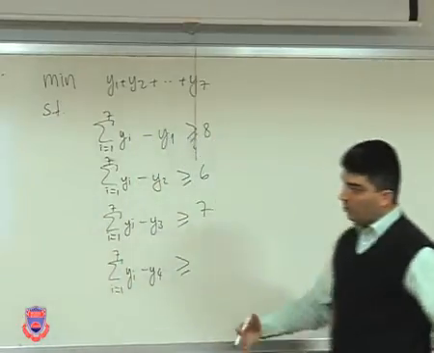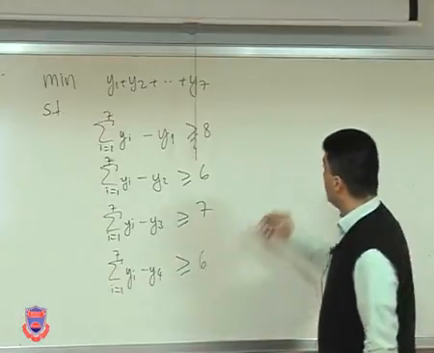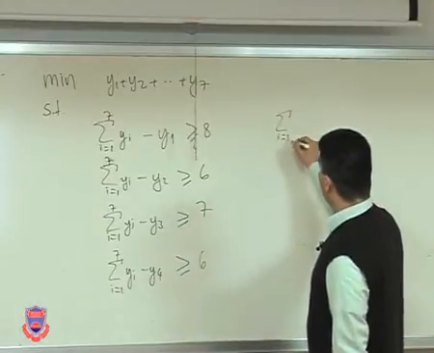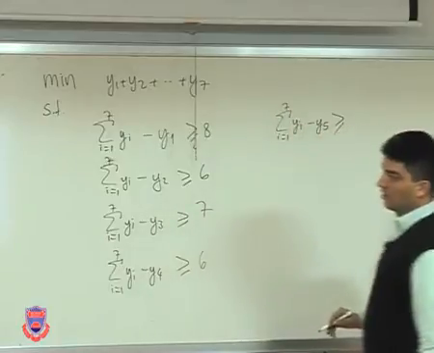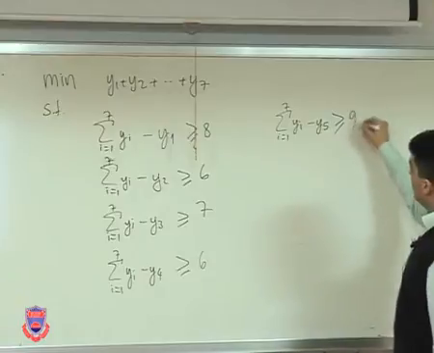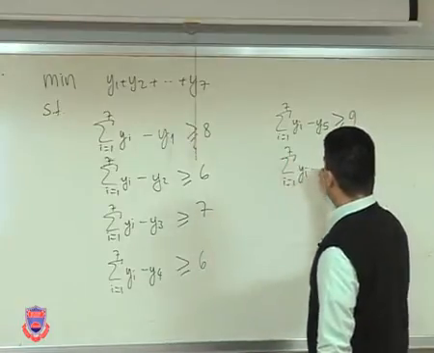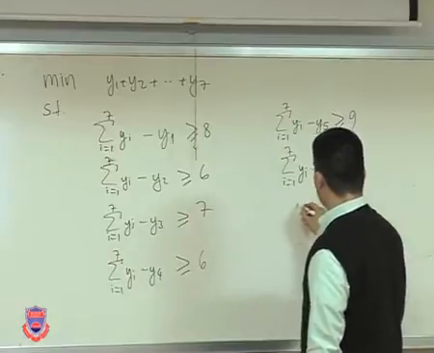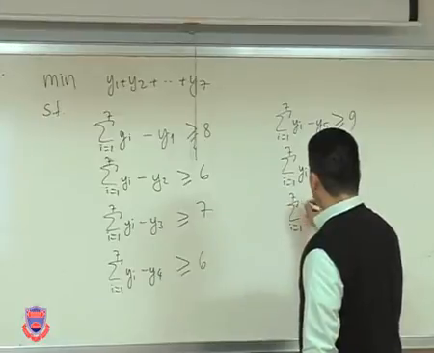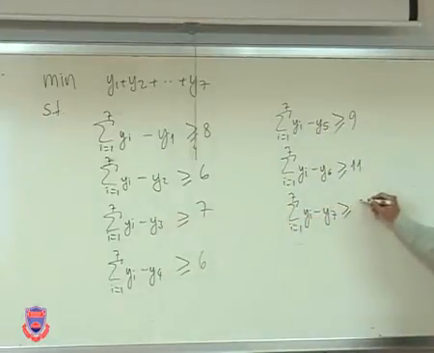The number of all workers minus the number of workers who are not working on Thursday should be at least 6. Then the number of workers minus the number of workers who are not working on Friday should be at least 9. Then the sum of yi minus y6 is at least 11. And finally, the number of all workers minus the number of workers who are not working on Sunday should be at least 9.